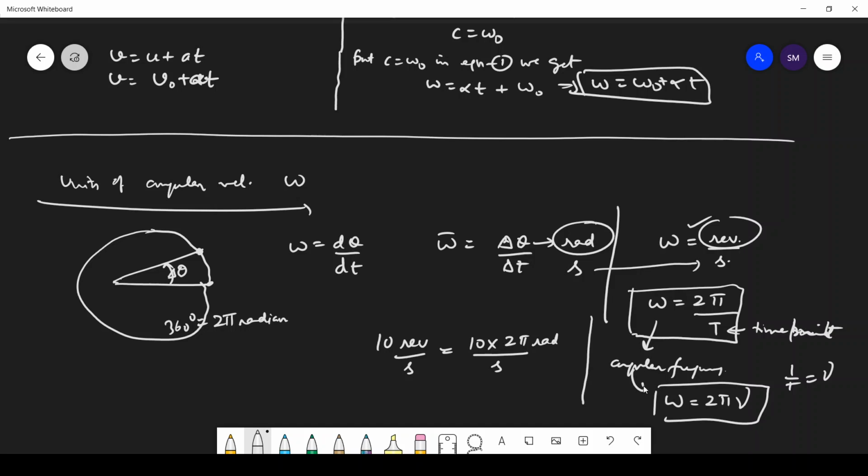So this is the formula for angular velocity when I am writing it in terms of change in angle, but when I am writing it in terms of frequency, then it becomes angular frequency.